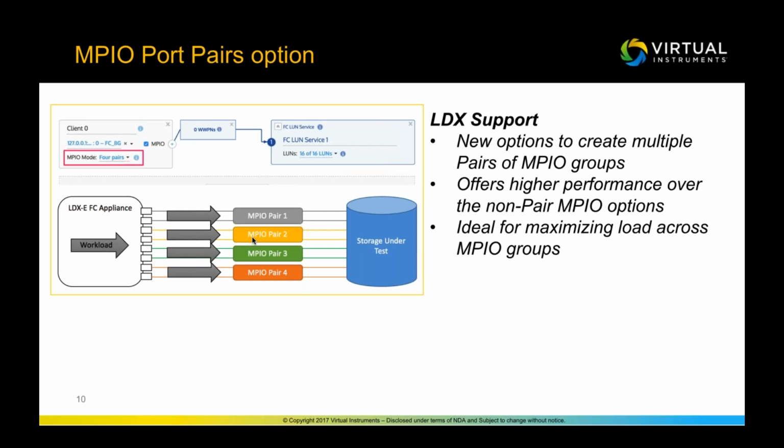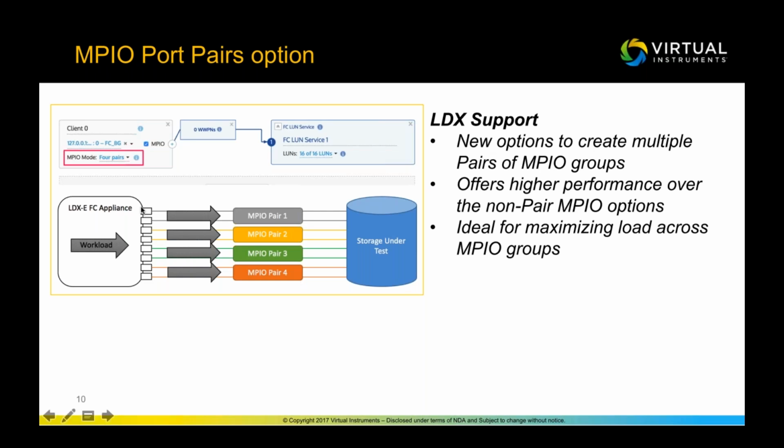One key thing to note, if you are doing a failover test, is that it's a trade-off. If you put all 8 ports into a single MPIO group using the existing functionality, and you're doing a failover test, then when one of the 8 paths goes down, any of the other 7 paths can be used as the backup path to carry traffic across.